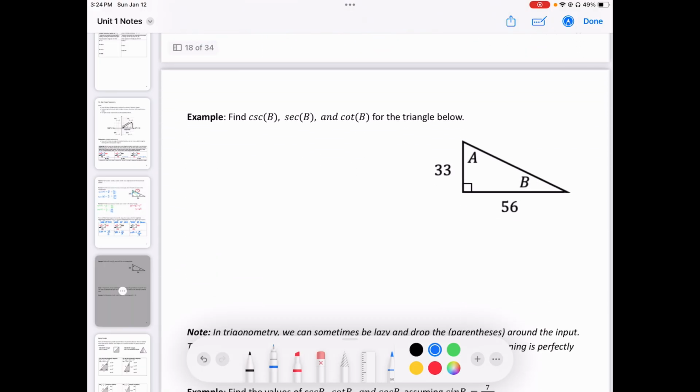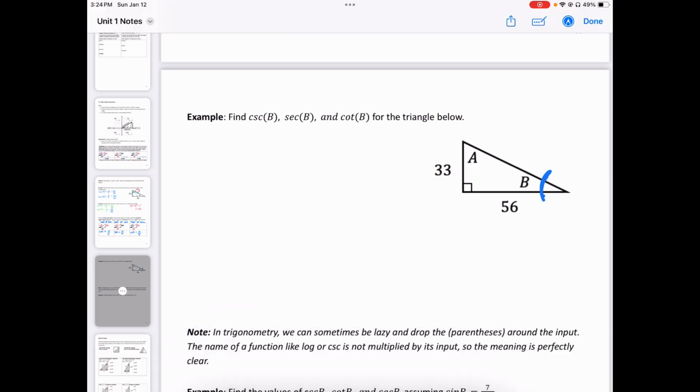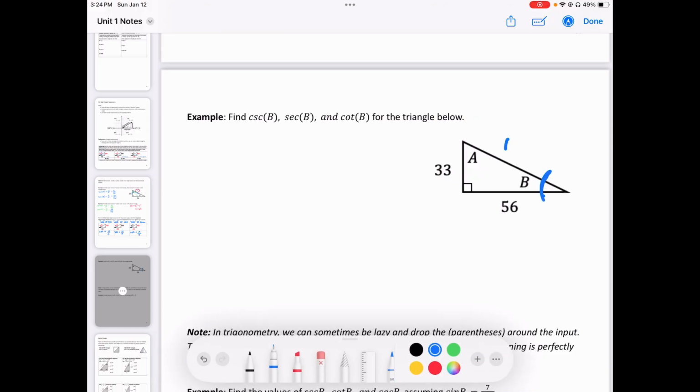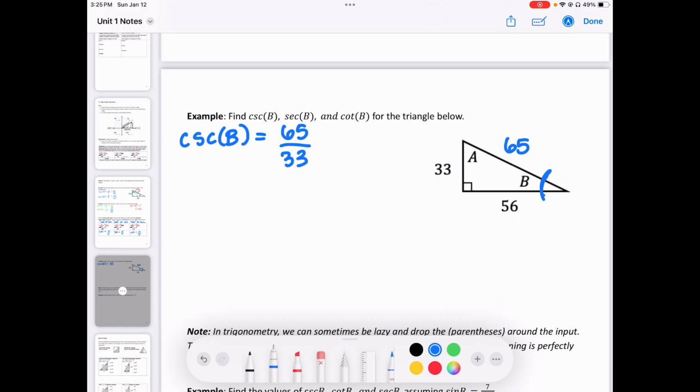All right, let's find cosecant, secant, and cotangent of B. Now we're over here. We said this was 65. So cosecant of B is going to be 65 over 33. Remember that it's going to be the hypotenuse over the opposite side.